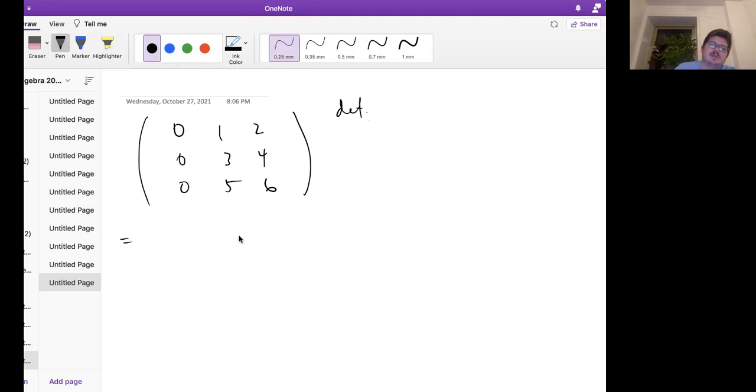No. So it's 0 times M11, but that's 0. So now let's do minus 1 times M12, well, determinant. Well, we can still continue. It's just 0 times it.